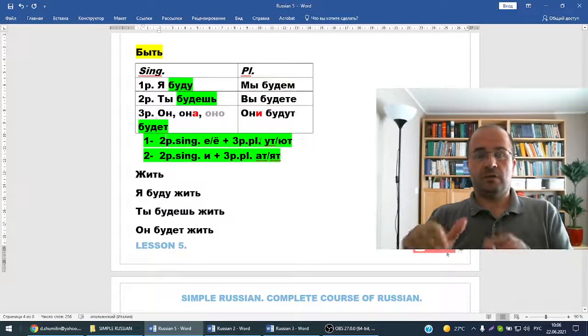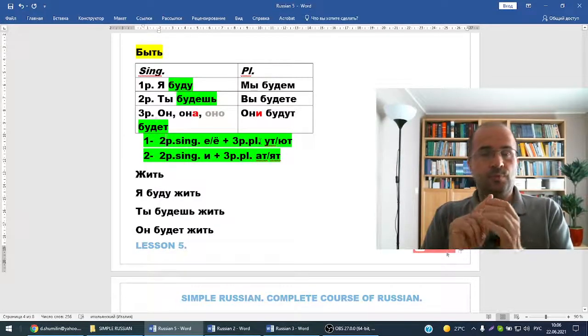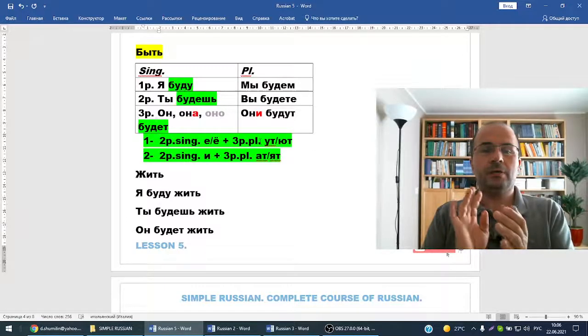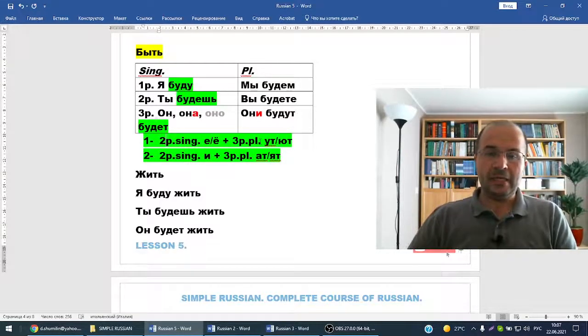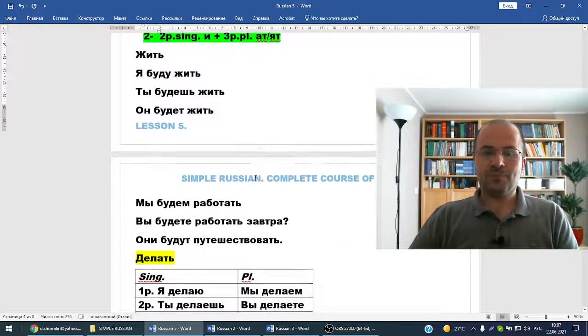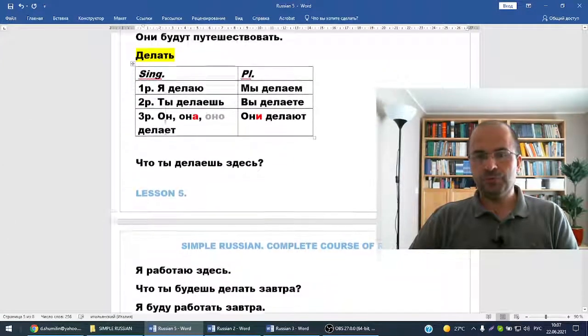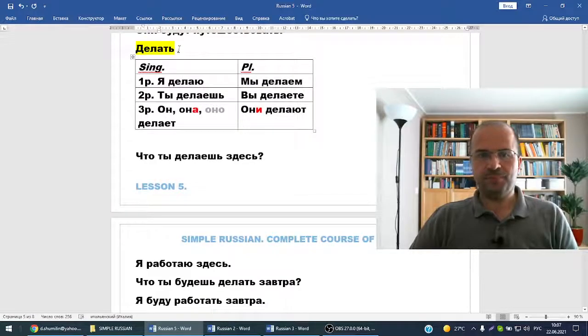So these verbs are жить, to live, путешествовать, to travel, работать, to work, быть, to be, which we learned in the future form of conjugation, and делать, to make or to do, which is pretty the same in Russian.